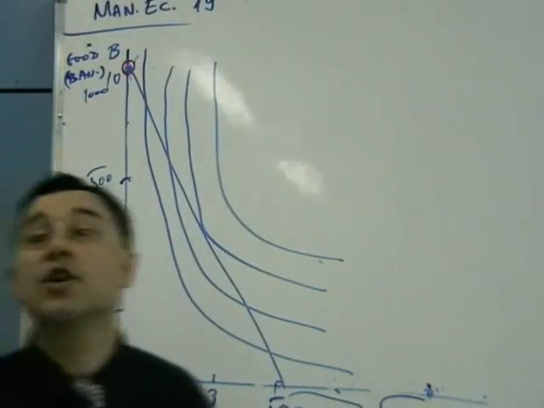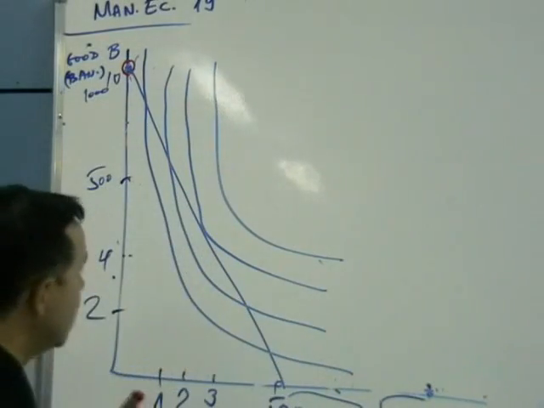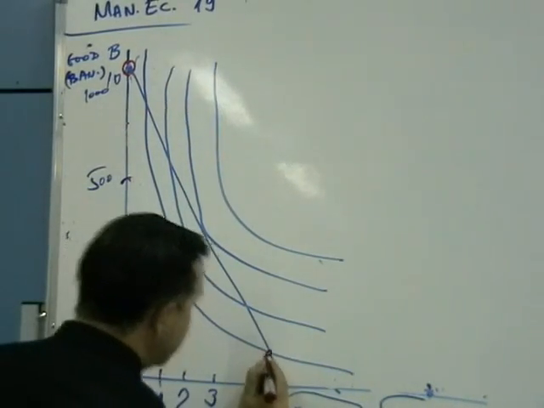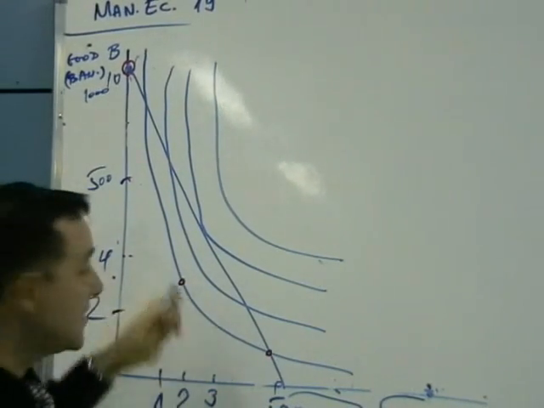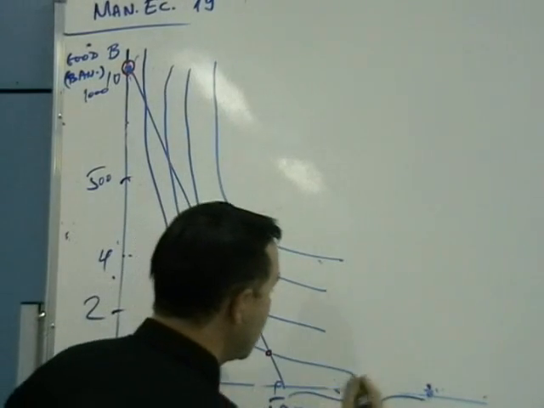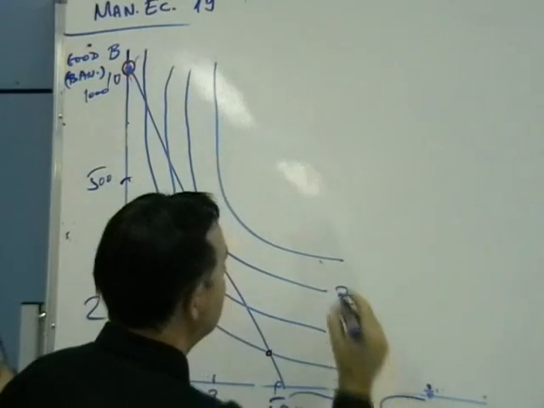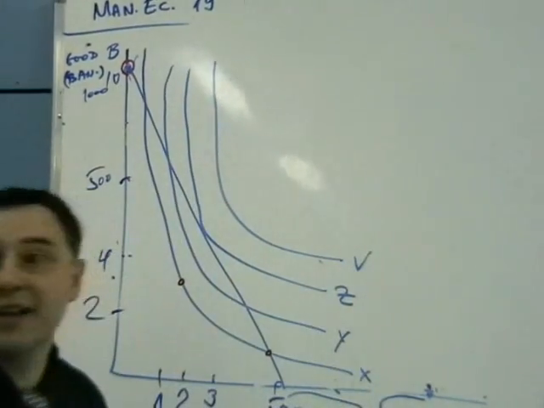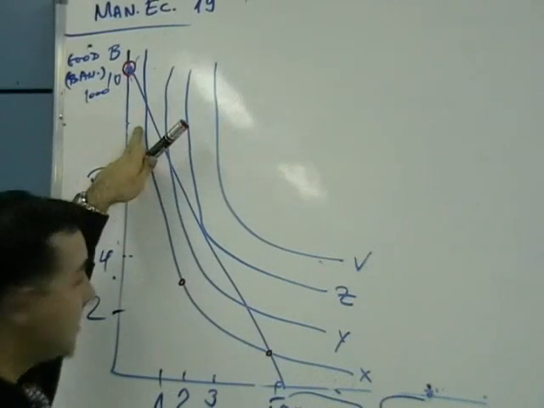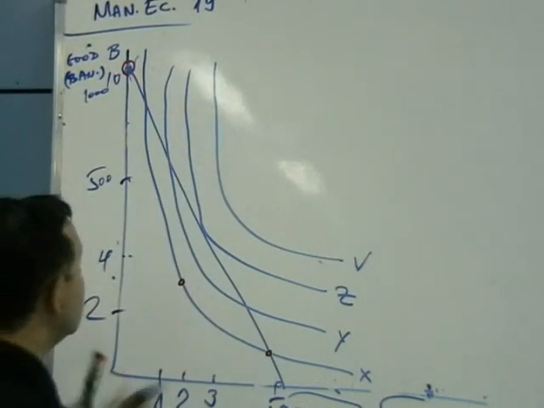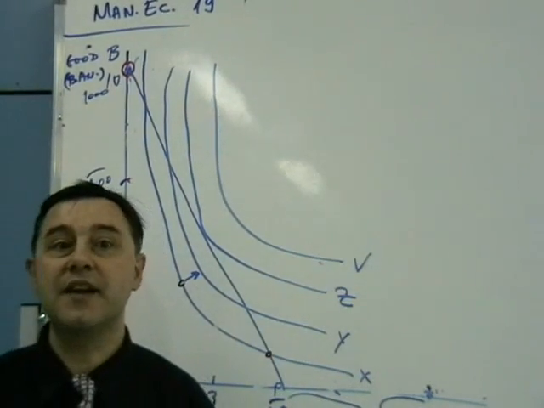And the question is, which is the best possible consumption bundle? He can consume this, all right, or this. But obviously, if he's on indifference curves X, Y, Z, V, if he consumes anywhere on X, he can move his consumption to Y. Is that fairly straightforward?